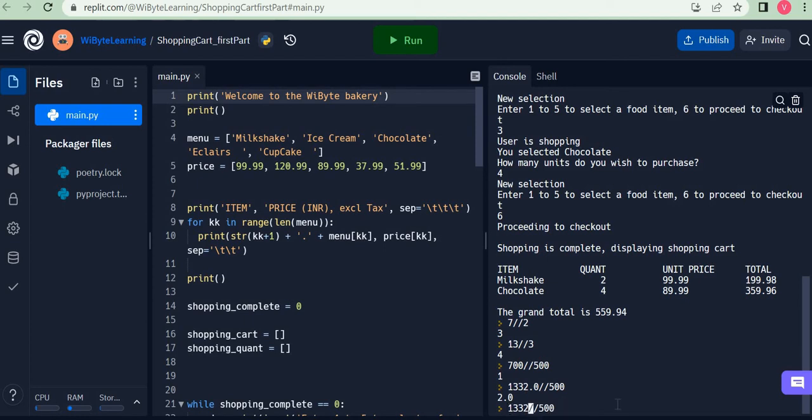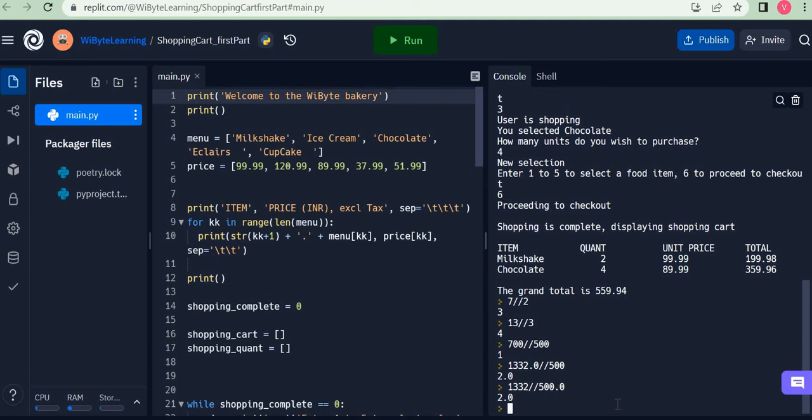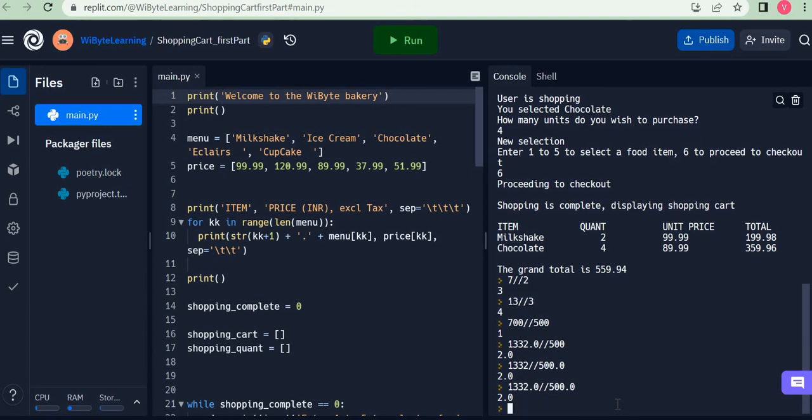I say 1332 floor division 500.0, I'm again going to get a 2.0, because if any one of them is a float, I'm going to get a float. So if I did 1332.0 floor division 500, I also get a 2.0. So keep in mind that the return value depends on the inputs. If both the inputs are integers, you get an integer, else you get a float. Obviously with strings, this is not defined.